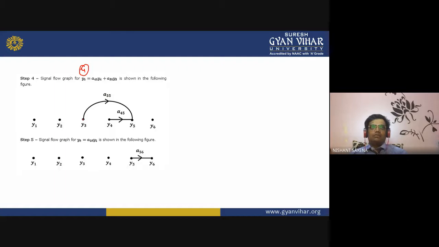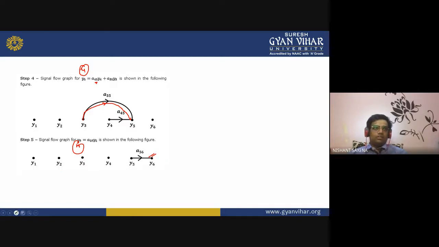That is, we are establishing a relationship between 3 and 5, with a gain of a35 from node 3 to node 5. Similarly, for the other term, we will have y4 and y5 with the gain of a45. Now the last equation was y6 equal to a56 y5. Now it has been given that y5 and y6 are connected.